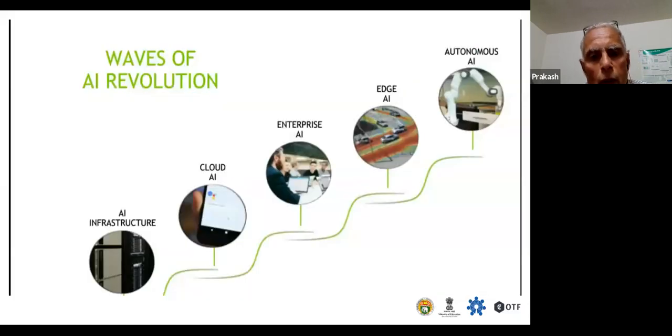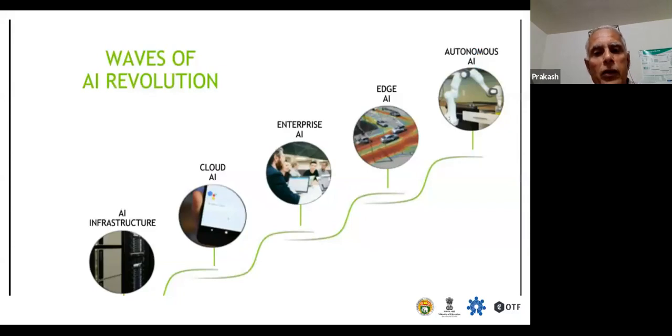Now all these combinations: infrastructure using AI, cloud using AI, enterprise using AI, edge using AI, autonomous AI. This is the evolution. We had infrastructure, we wanted to do AI, and not only that, we want to use AI for the infrastructure. Then we went with the cloud, so AI itself is now in the cloud.